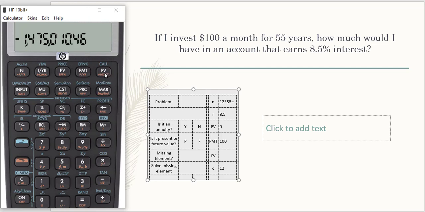Now I hit my future value. I will have almost $1.5 million. I will have $1,475,010.46.